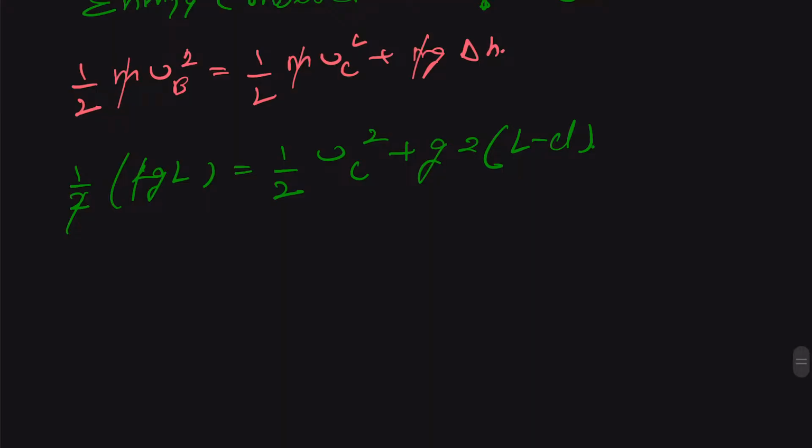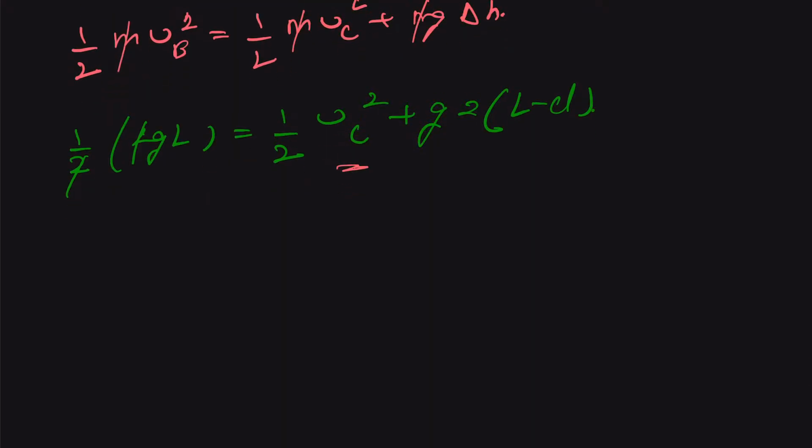Therefore from here we can write, we are interested in the top speed, that is Vc, so we can say that our Vc square will be equal to 2g times (2d minus L).